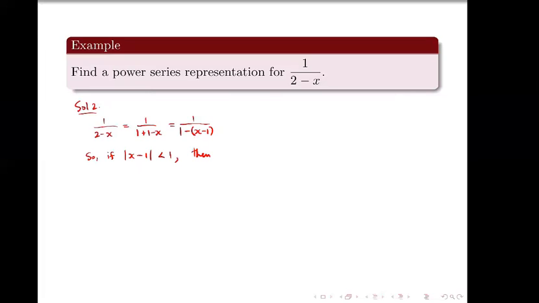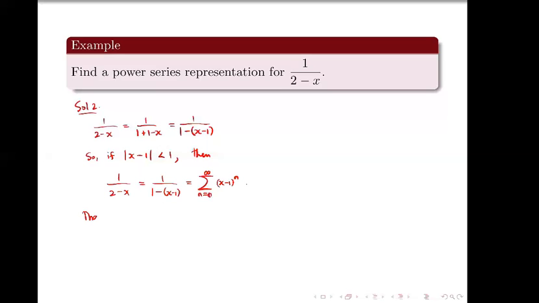then we have 1 over 2 minus x, which is equal to 1 over 1 minus quantity x minus 1. This is equal to the summation of x minus 1 to the n, from 0 up to plus infinity. Okay?